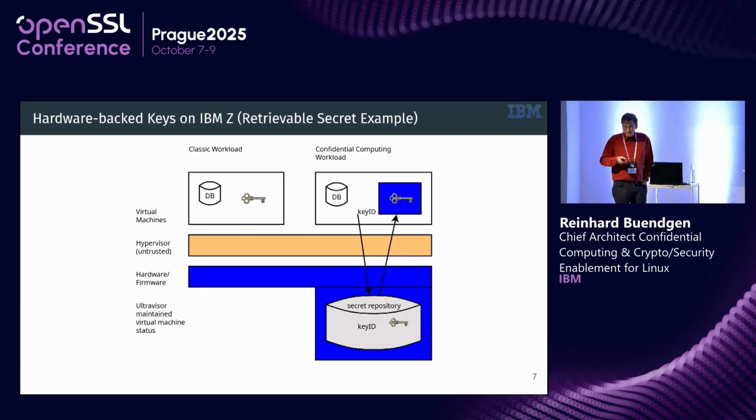And the ultravisor says, yeah, surely I do so, and gives back not the key value itself, but the key as protected key wrapped by the wrapping key of that very virtual machine that is protected by confidential computing. And now, given that we have those keys, we want to use them, and we want to use them with the most common interface. And that's where Holger comes into play again.